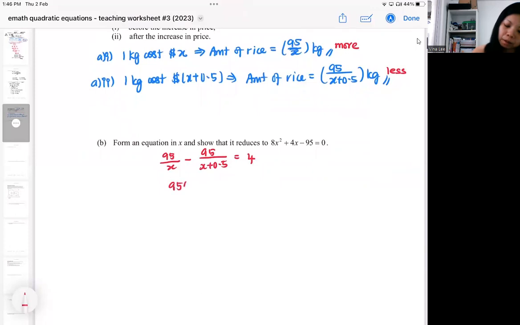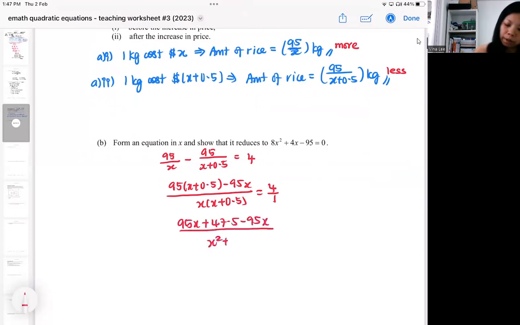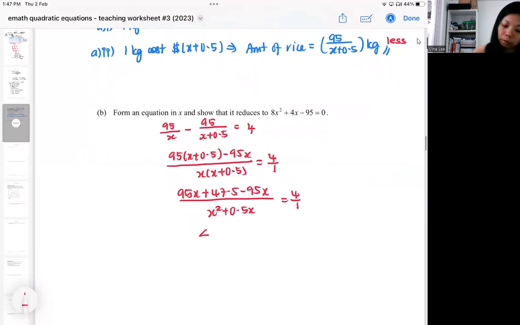Then followed by the same idea of making the same denominator. By now, you should be very familiar with making the same denominator, then cross multiply. So do the cross multiplication. If you do the cross multiplication, you realize, why am I not getting what the question wants?